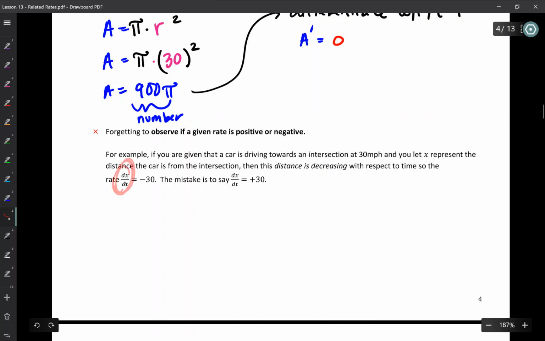So dx/dt, or x prime, the rate at which x, the distance I am from the intersection, changes with respect to time, must be negative.